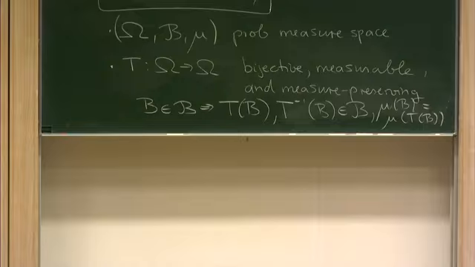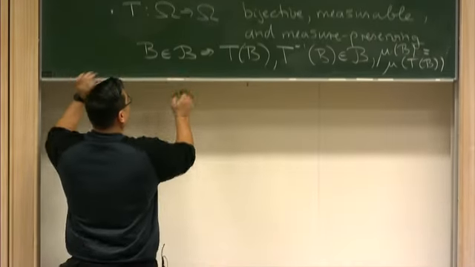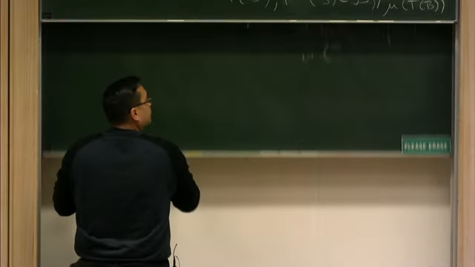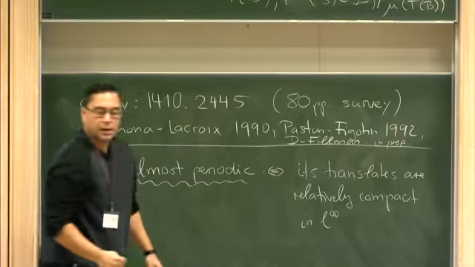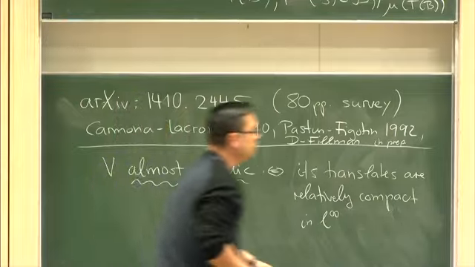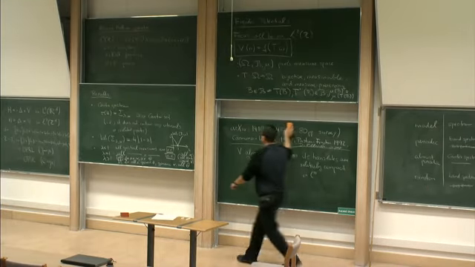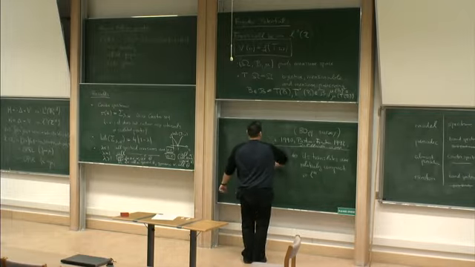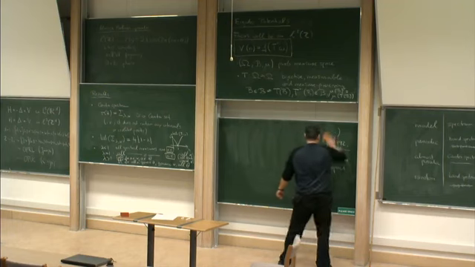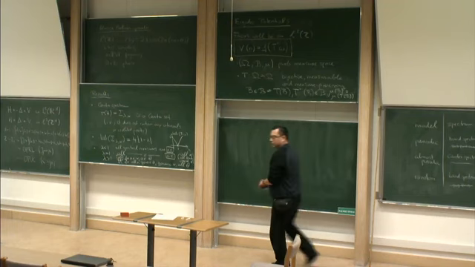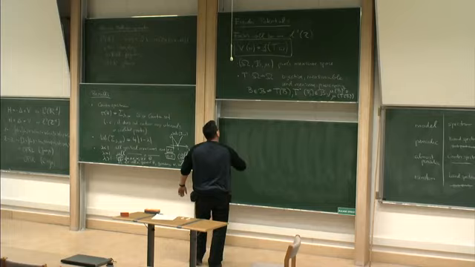So this is what you initially assume about your space and your map, but then I want to take it one step further and impose another assumption on T, namely that of being ergodic.